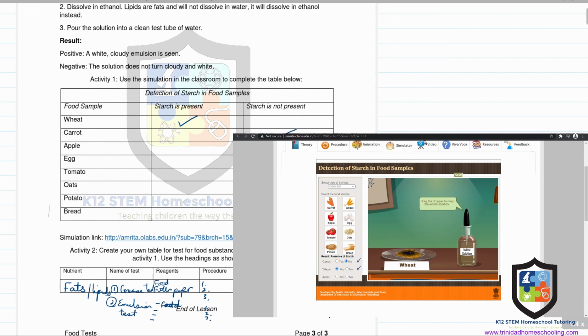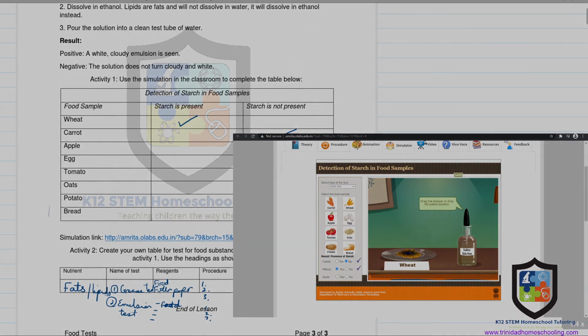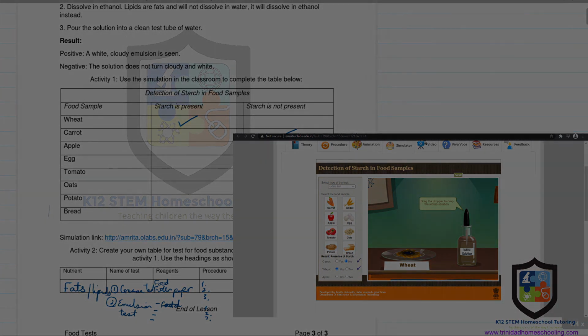If you're doing integrated science later on, you need to memorize them: the name of the test, the reagents, the procedure, and what you're looking for as positive or negative results. If you're doing biology, the same thing. So complete those 2 activities, submit them, and I will see you in the next lesson.